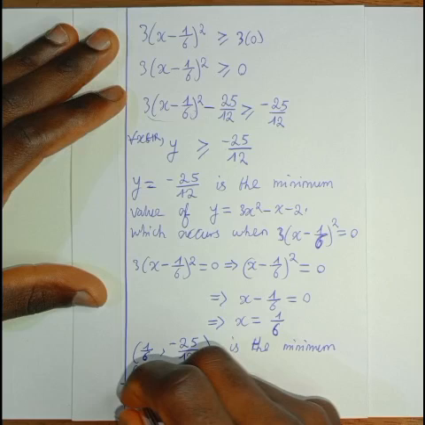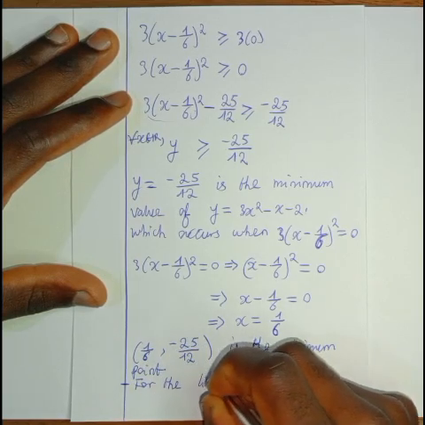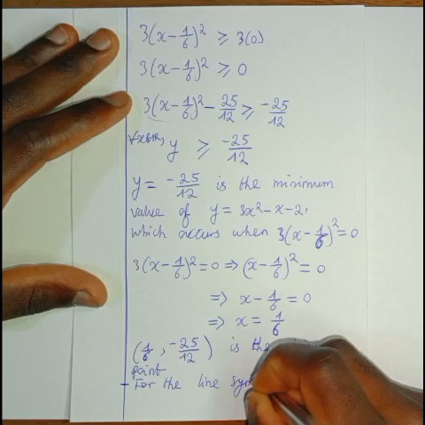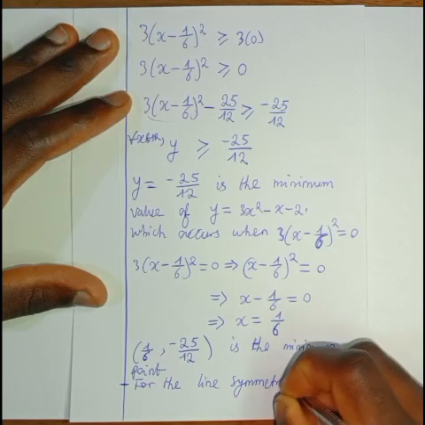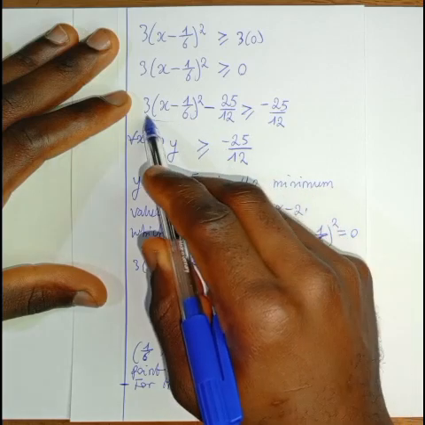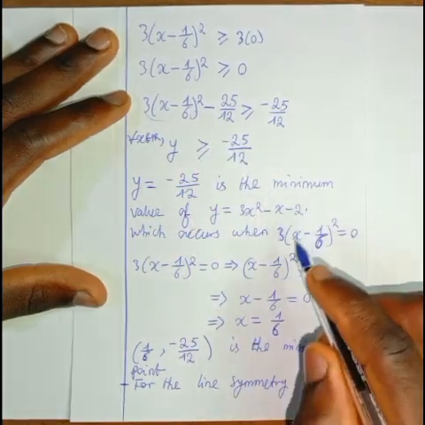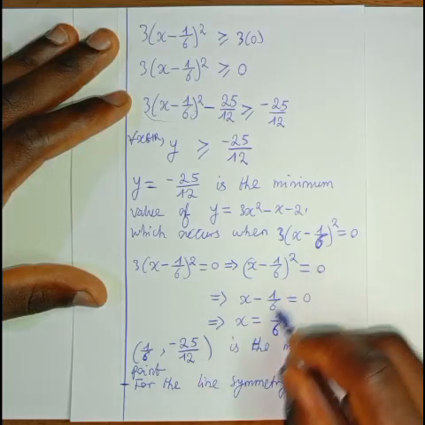Next thing, now we need the line of symmetry. For us to get the line of symmetry, we are simply going to solve for x when we equate 3 times x minus 1 over 6, all that squared, to 0, which is simply what we have done here.